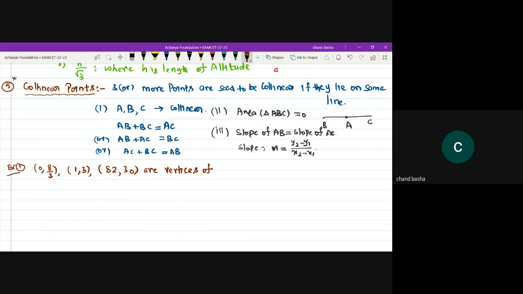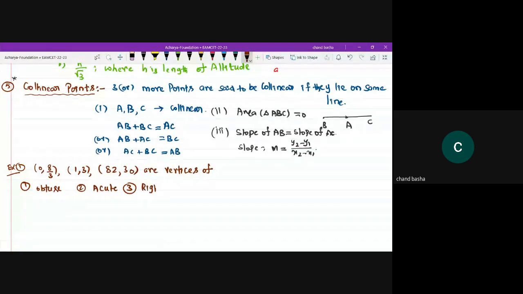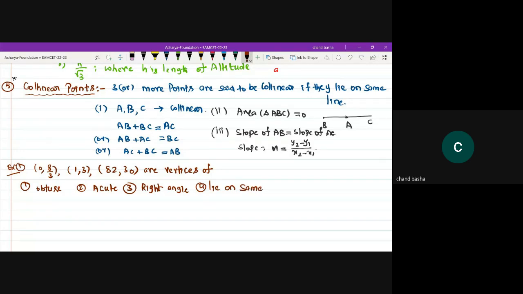First option, obtuse; second, acute; third, right angle; fourth, lie on the same line.